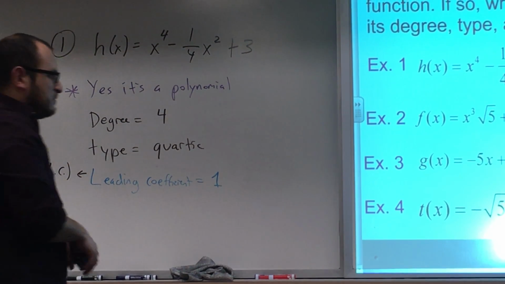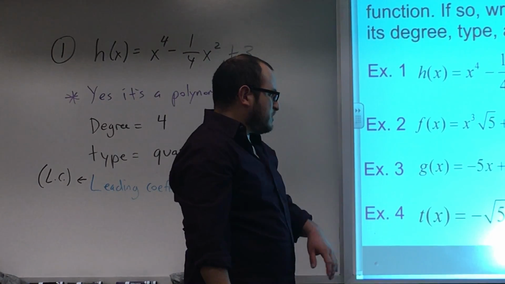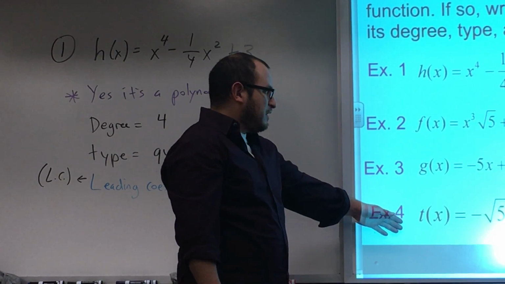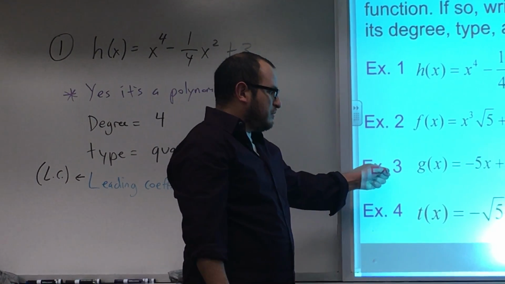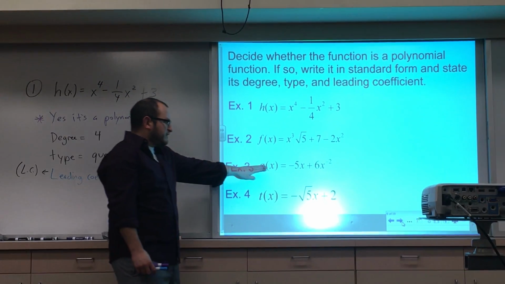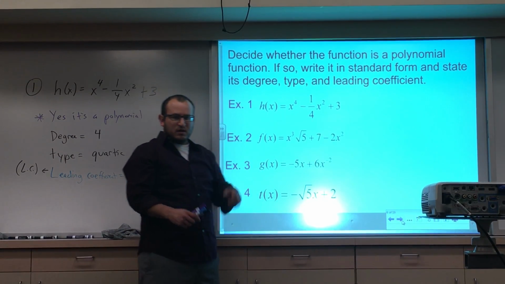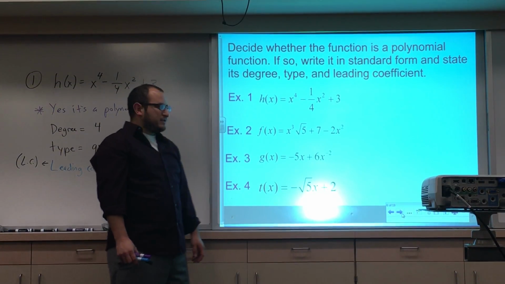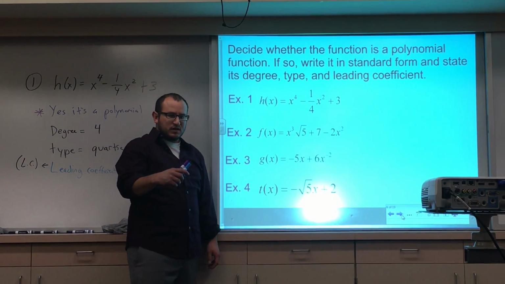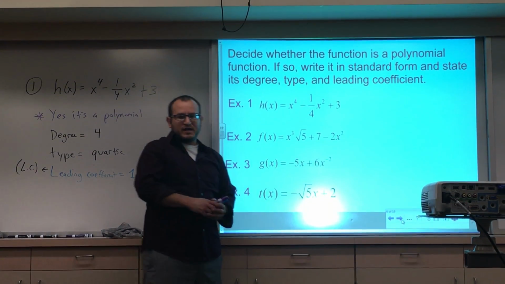Alright, so I want you to try 2. I want you to try 4. I'm actually going to do number 3. g of x is equal to negative 5x plus 6x to the negative 2. If you look at your examples of what is not a polynomial, we cannot have a negative exponent.